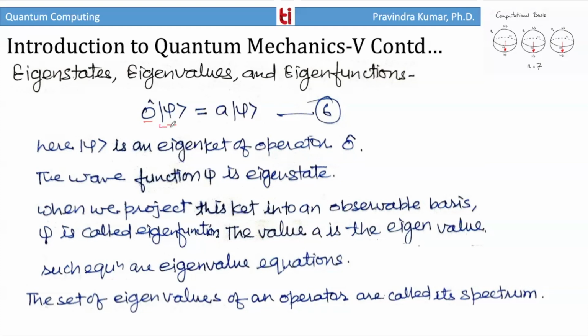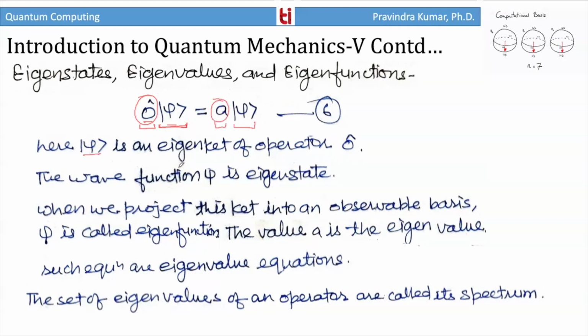There may be a certain quantum state psi such that the action of an operator results in a linear multiplication of the quantum state psi. So, when this operator O is applied on the quantum state psi, it will be equal to a times the quantum state psi. Here, O is the operator or matrix, and this one, a, is the eigenvalue.